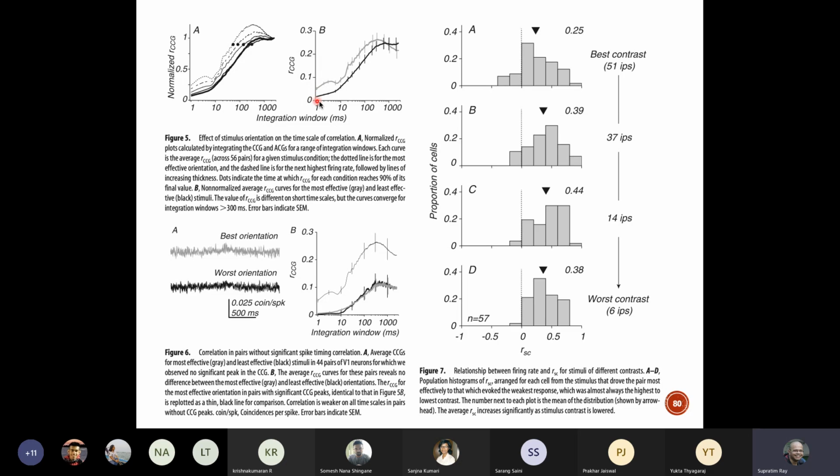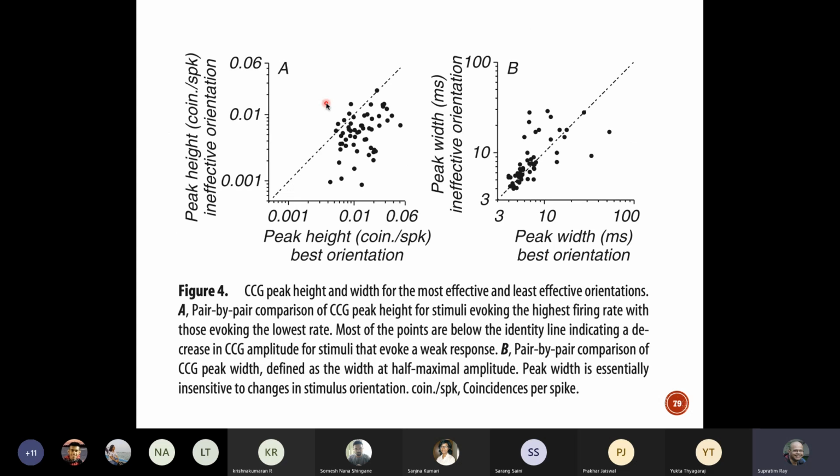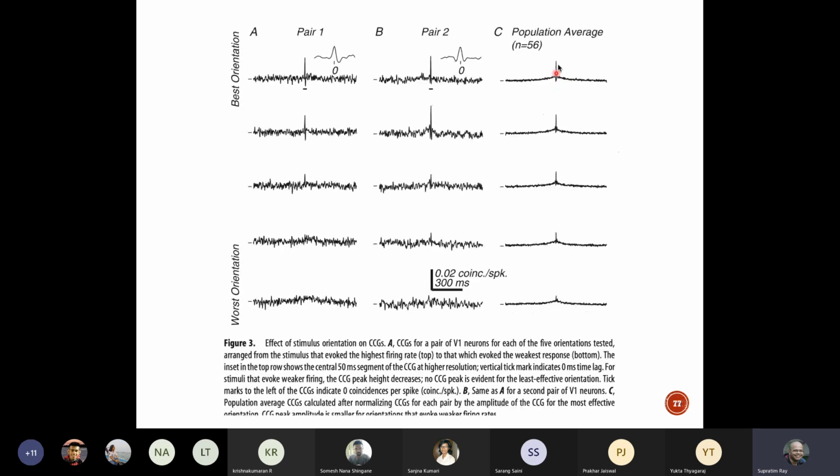But as you increase the integration window, this difference fades away. If you are integrating over 500 milliseconds or more, then you don't see a difference in the spike count correlation. But if you had integrated over a smaller window, then you would have seen a difference, because this peak here is not insignificant.